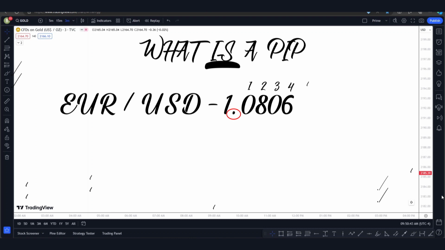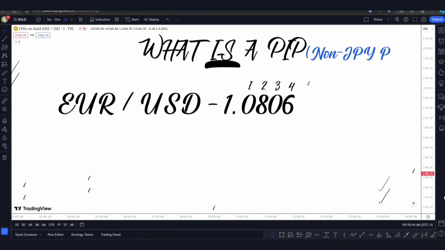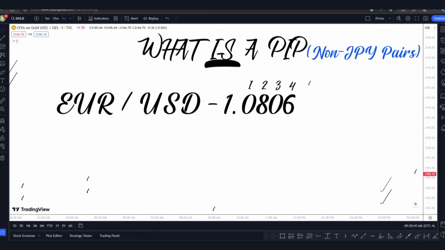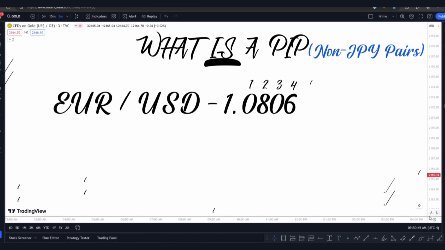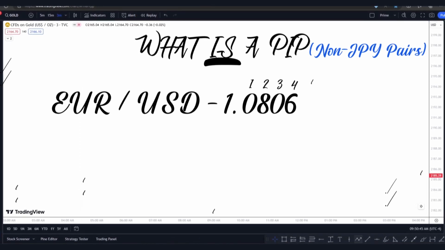Let me clarify that all yen pairs, any currency pair that has the JPY in it, are going to be slightly different, and we're going to talk about that pretty soon. So let me quickly change this to non-JPY pairs so you do not confuse yourselves. Every currency pair aside from the JPY pairs, the fourth decimal place is what is known as a pip.